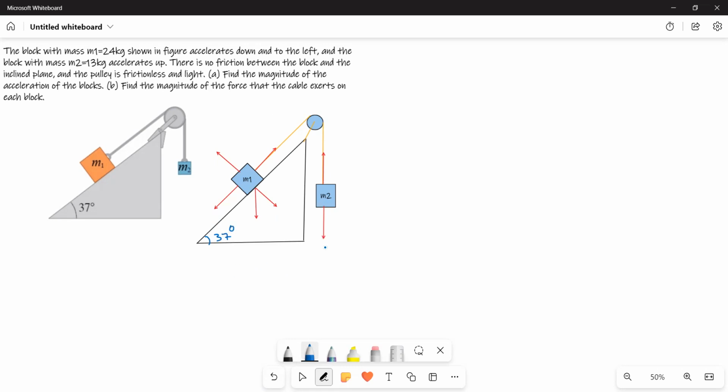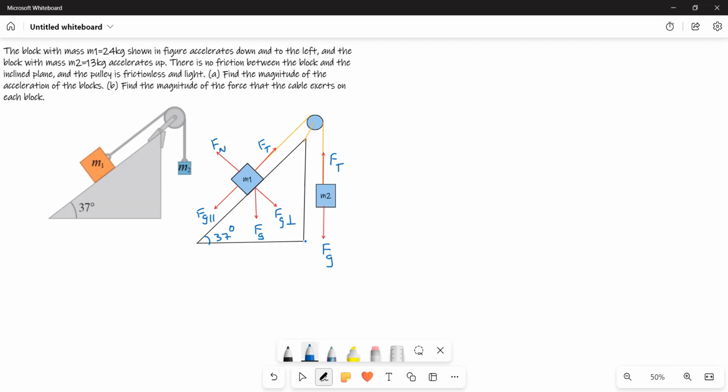For mass m2, this is Fg and this is F tension. And then for mass m1, this is F tension, and this is Fg parallel. And this is Fg, and this is Fg perpendicular. And this is Fn.